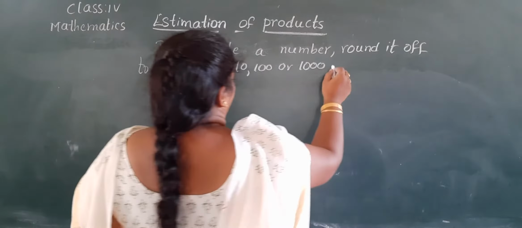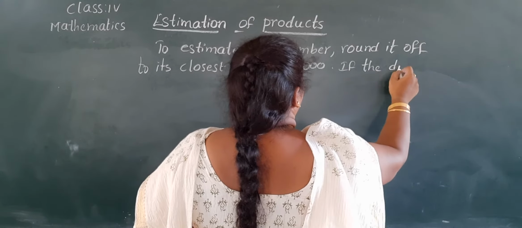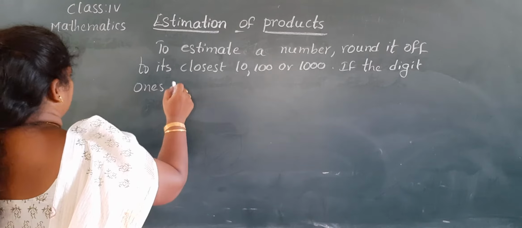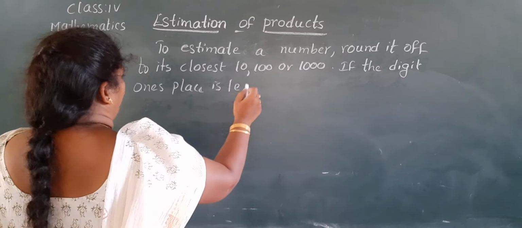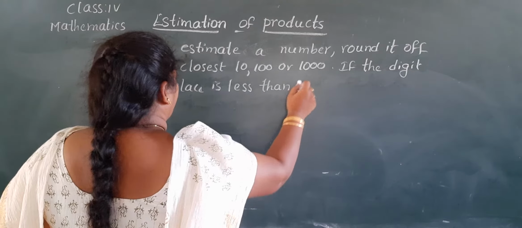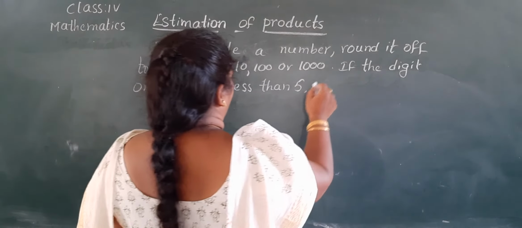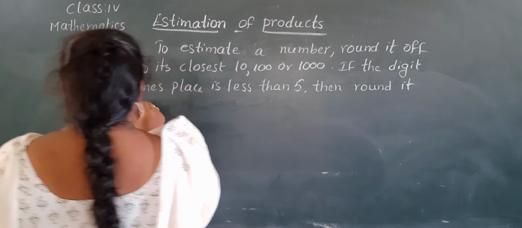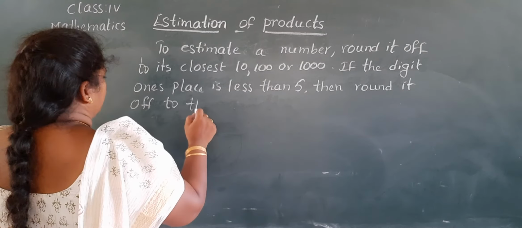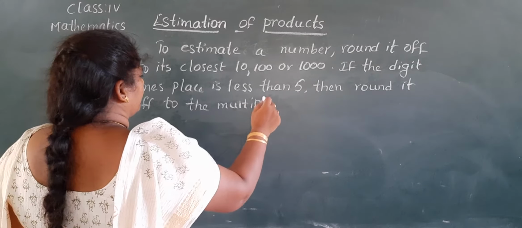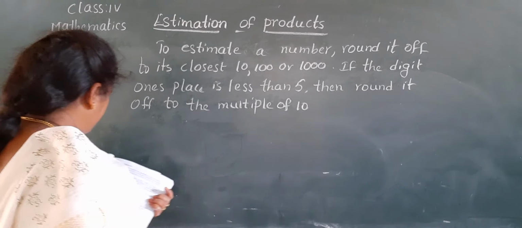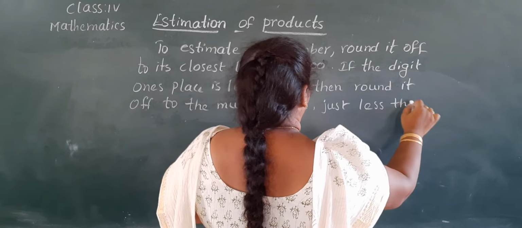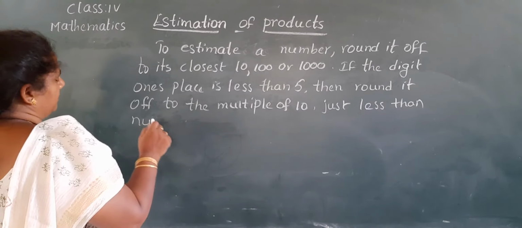If the digit in the ones place is less than 5, then round it off to the multiple of 10 just less than the number to be estimated.